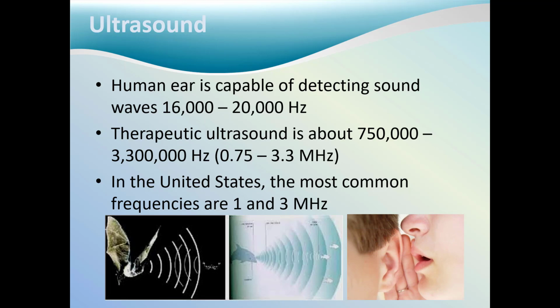The human ear is capable of detecting sound waves ranging from 16,000 to 20,000 hertz. Ultrasound has a frequency above this range, from 750,000 to 3.3 million hertz, or 0.75 to 3.3 megahertz. In the United States, the most common ultrasound frequencies are 1 and 3 megahertz.